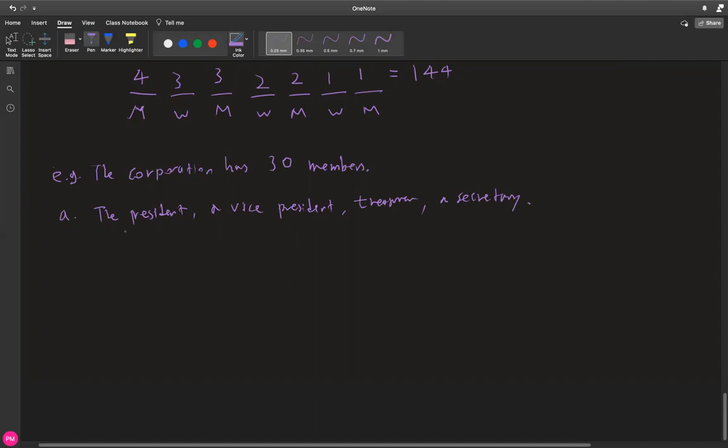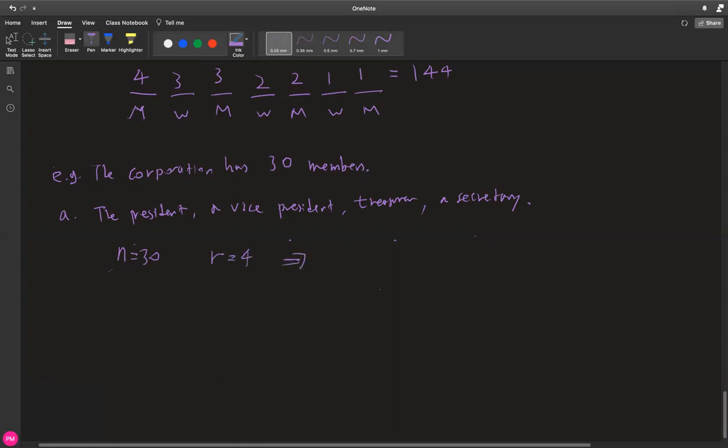So if you were to obviously calculate it in numbers, you can simply say 30, 29, 28, and 27. But if you were to put it in permutation and combination, you're choosing out of 30 people, and you're simply choosing 4 different people.